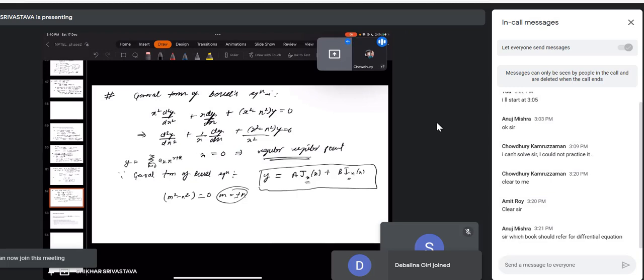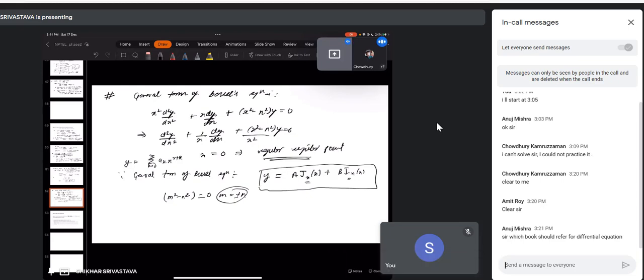It's an Indian author, so it's easy to understand. There are some foreign authors also. And for preparation, if you're trying to prepare for GATE exam, the best thing is to solve previous year questions of all the exams. Just take 20 years of questions and solve them. So that will be good.